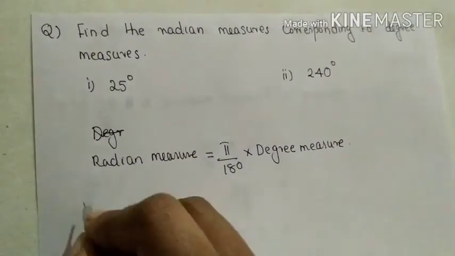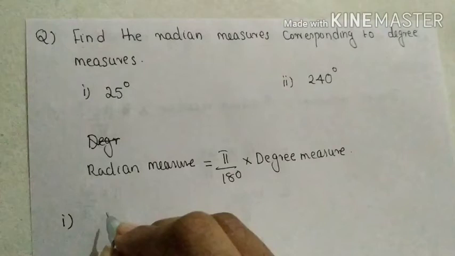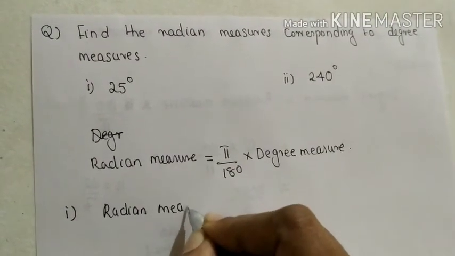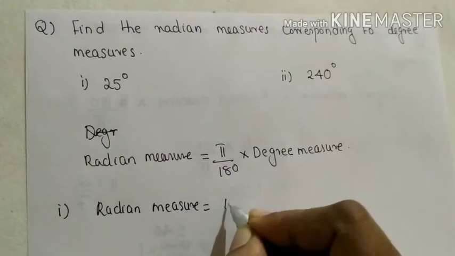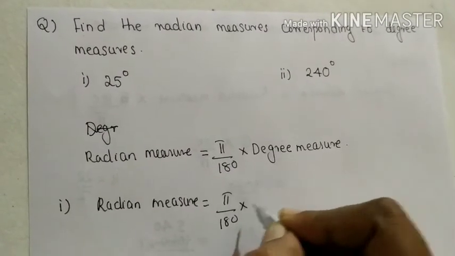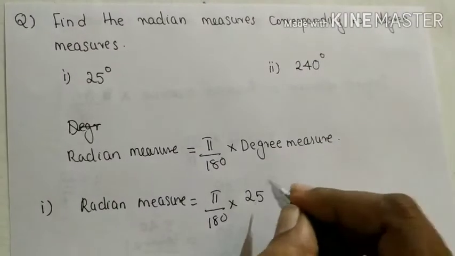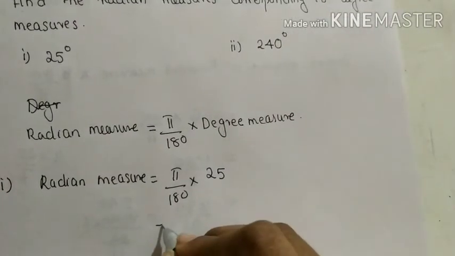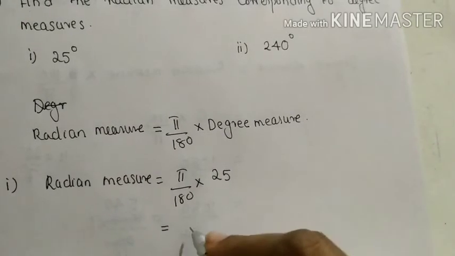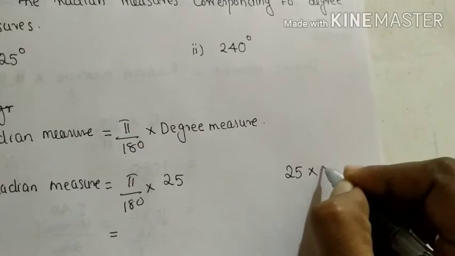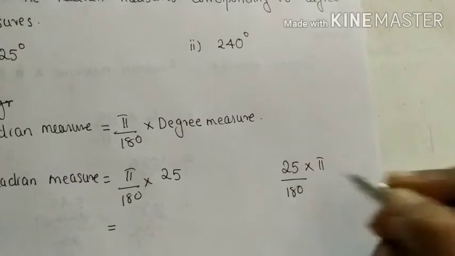So in first question, radian measure is equal to pi by 180 into replacing this degree measure by 25 degree, and cancelling, we get 25 into pi by 180.